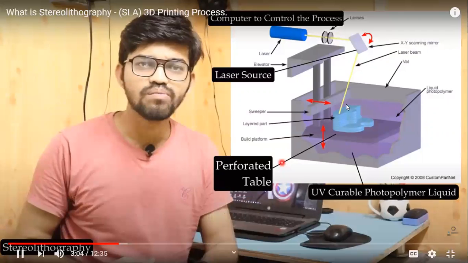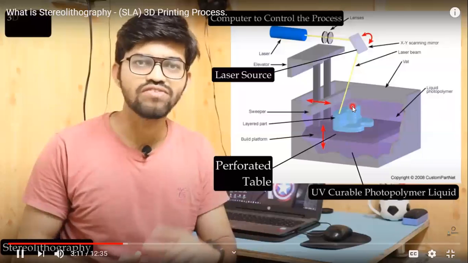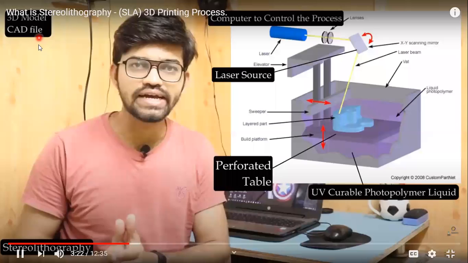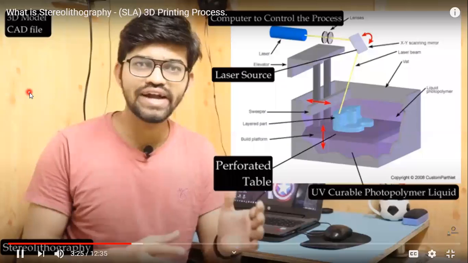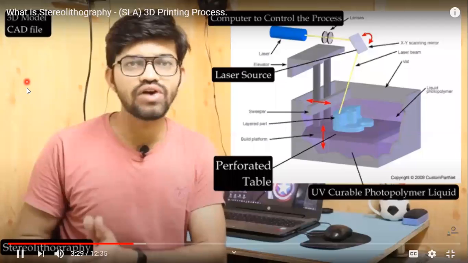In this case, the actual process starts from the 3D model, as we have seen in our previous video on 3D printing. The part to be manufactured is prepared as a CAD file, that is computer aided design. The CAD file is processed and converted into a file that the 3D printer can understand.